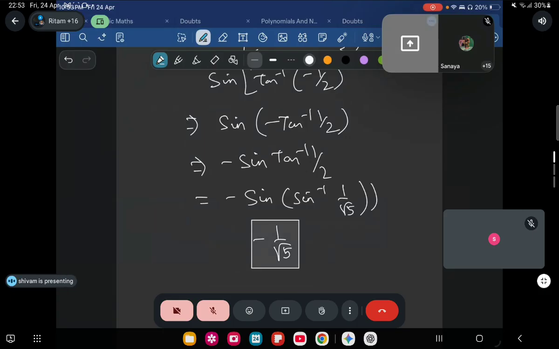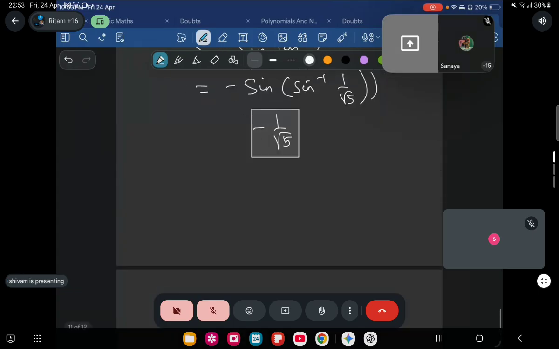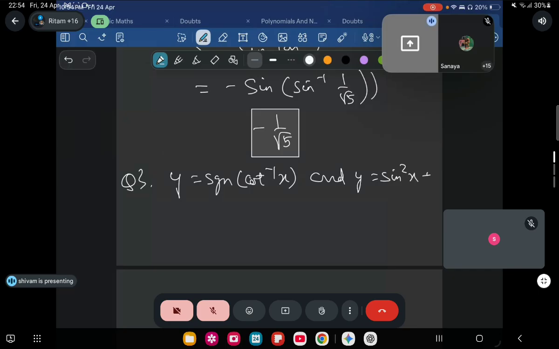Okay. Next. Okay, I have another question, everyone. Question number 3. This is true or false? Raise your hand. Y equal to signum of cot inverse x and y equal to sine square x plus cos square x.